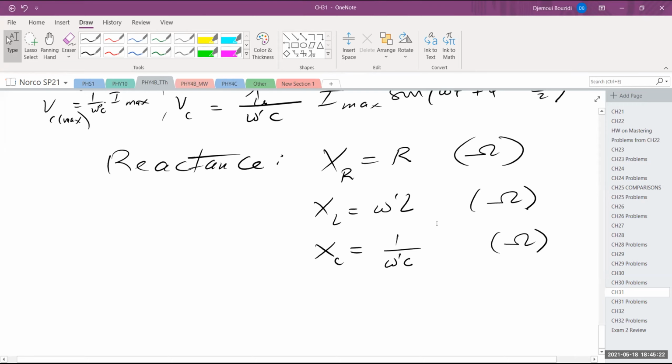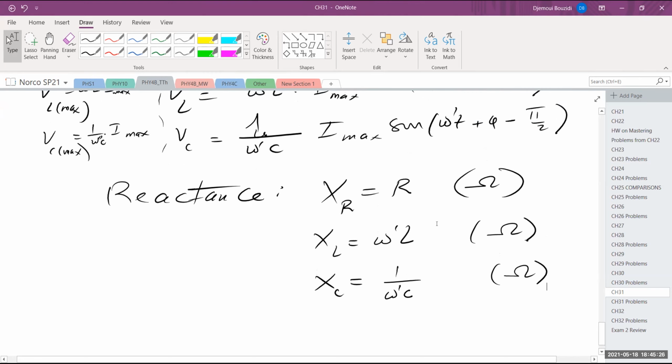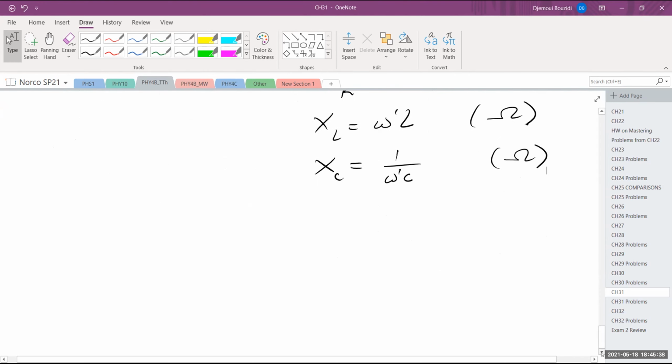So each one of them has its own reactance. Each one of them has its own basically current times what appears to be a resistance. Each one of them has its own effect. The problem with these things is both XL and XC depend on the frequency. For high frequency, for omega prime very high, then in this case, it's clear XL grows higher, and XC goes down because this is dividing by that number.